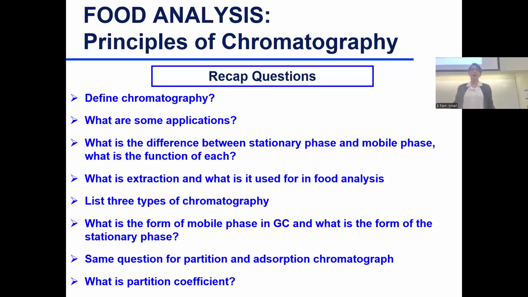So how would you define extraction, and can you give an example in food analysis? Extraction. It's the word as it entails, right? You're extracting a component from a mixture, and you use a solvent that that component likes to be in.